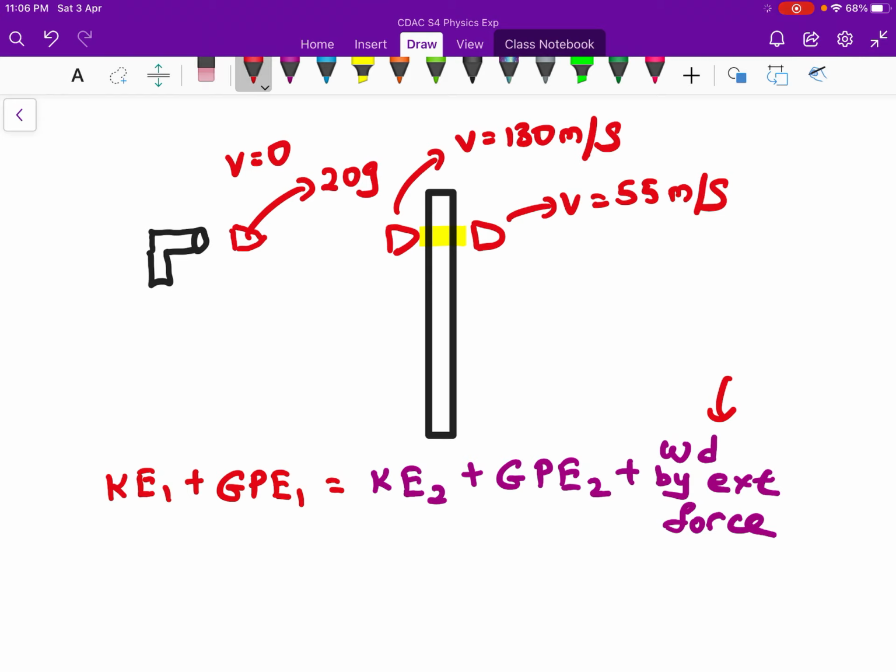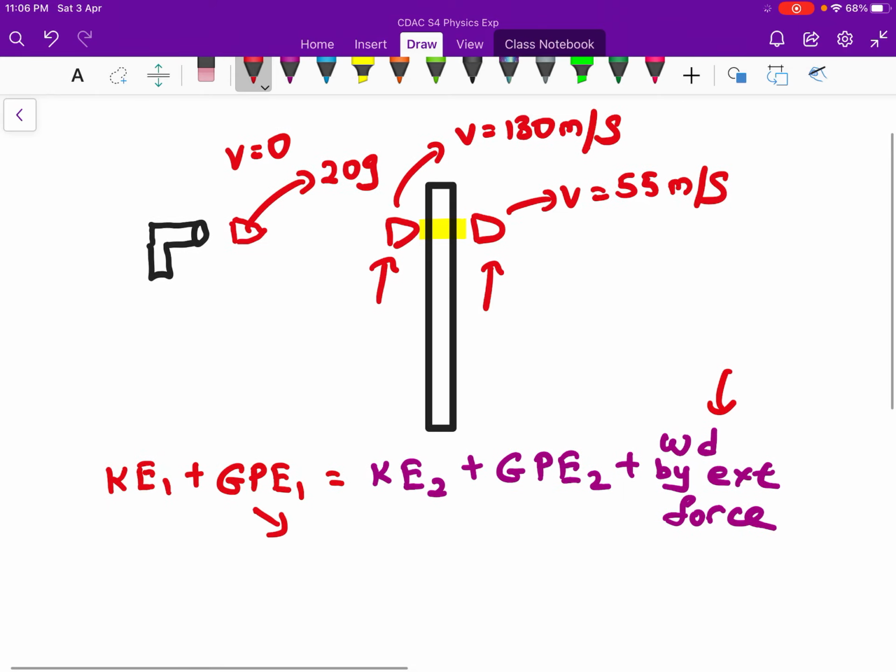Let's try. Before I start my calculation, I'm interested in this point and this point. I'm not interested in when the velocity is 0. I'm interested in the 130 meter per second before, and 55 meter per second after. My GPE1 is 0.